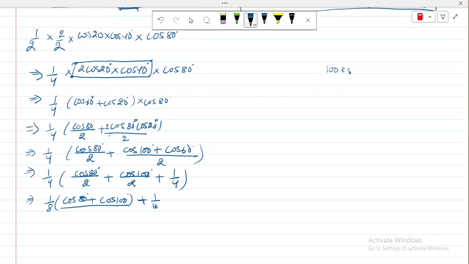And there is another formula. We'll discuss this formula in detail later on. If you write cos 60 minus theta into cos 60 plus theta into cos theta, it becomes cos 3 theta by 8, or cos 3 theta upon 2 cube. Getting my point? So there is a formula we can discuss.